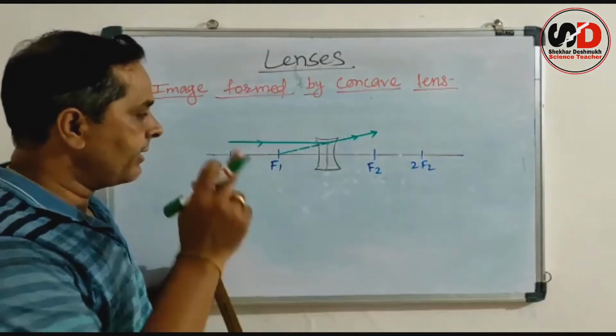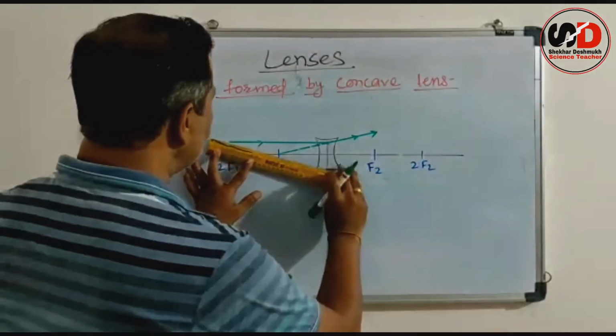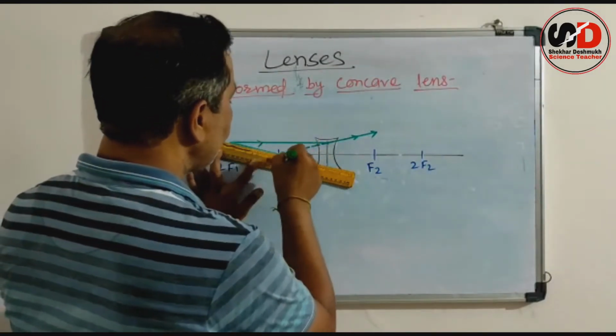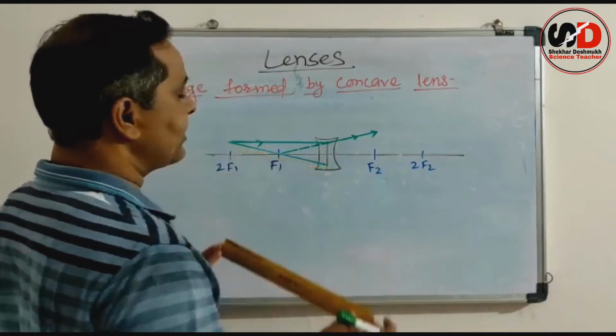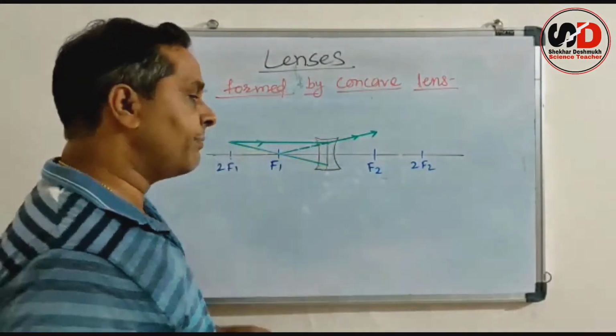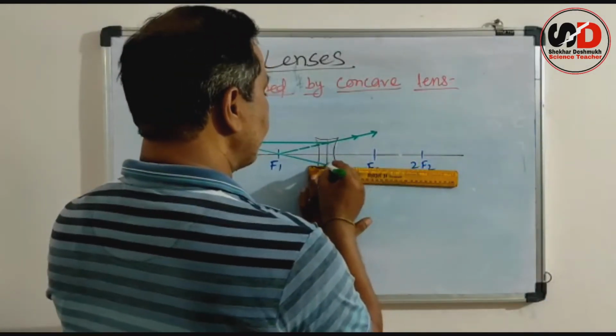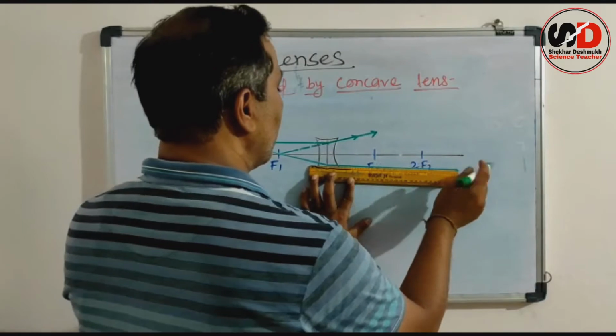The second ray: if the light ray passes through focus, after refraction from the lens, it becomes parallel to the principal axis. So it is the same as what we see in the convex lens.